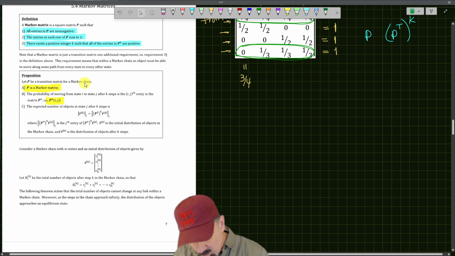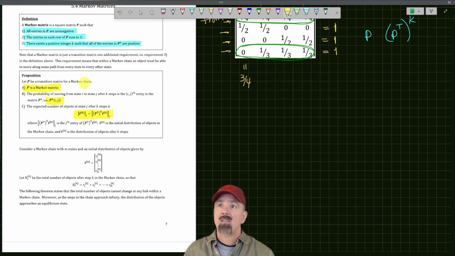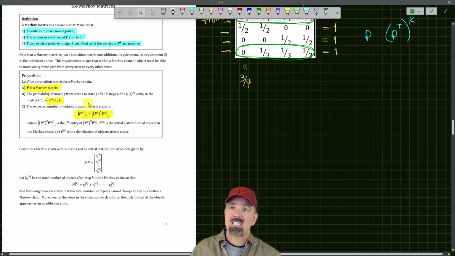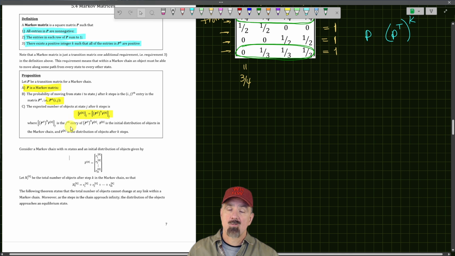This is the answer to B, which is the expected distribution, the expected number of objects at state J after K steps is equal to this. So it's the initial distribution, and then we have K transitions, and this is the distribution that we end up with after K transitions. Okay? So these are all associated with the Markov chain.